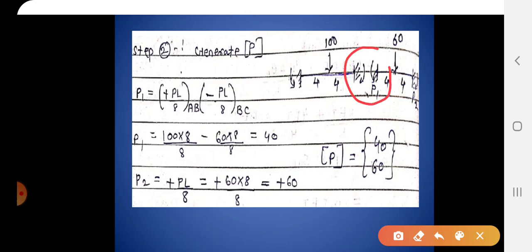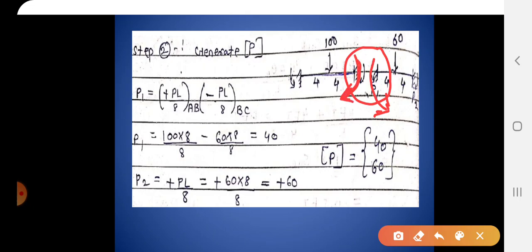First take P1. Okay, what is total P1? Yes, fixed end moment MFBA due to loading on span AB, and fixed end moment MFBC due to point load on BC span. Okay, so what is this?